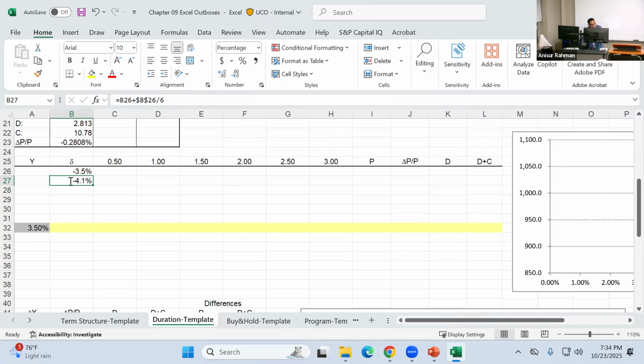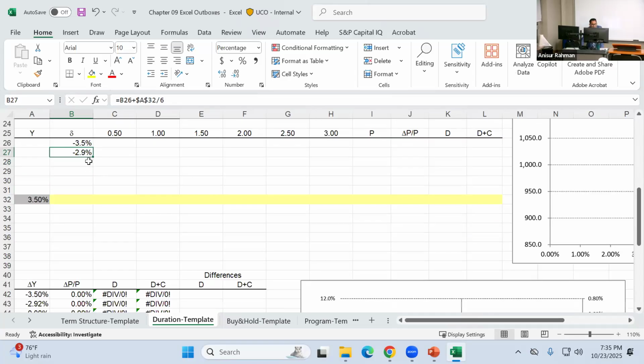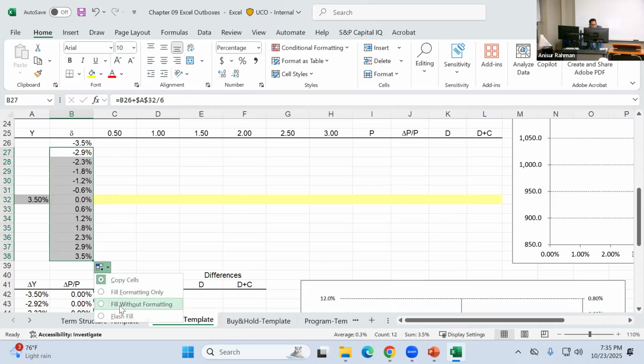Actually, here instead of B26, use this one and lock 32. Okay. And then pull across without formatting.